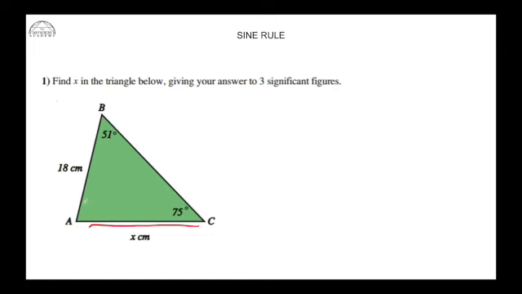If you wanted to, you could calculate this angle here, but it certainly is not a right-angled triangle. So how do I decide which rule to use? You'll notice that if you want to use the sine rule, I have to have 2 sides and the 2 corresponding angles.